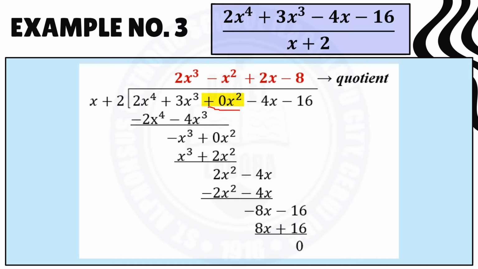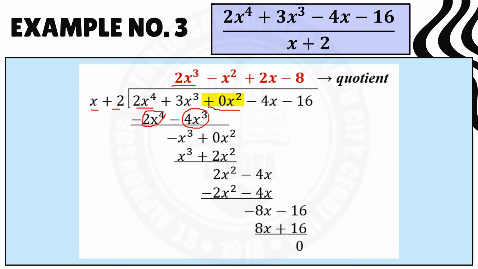Then we will be dividing the first term, 2x raised to 4, with x. So we have here 2x cubed. After which, multiply 2x cubed with x. So we have 2x raised to 4. Then 2x cubed times positive 2. So we have here 4x cubed.